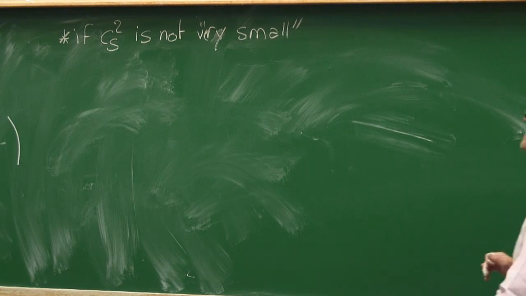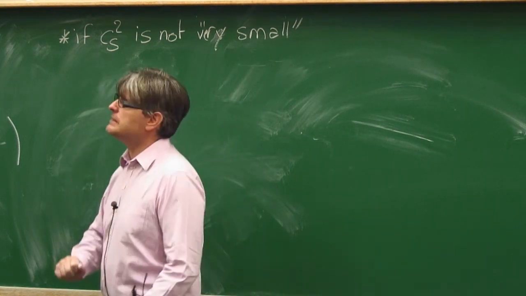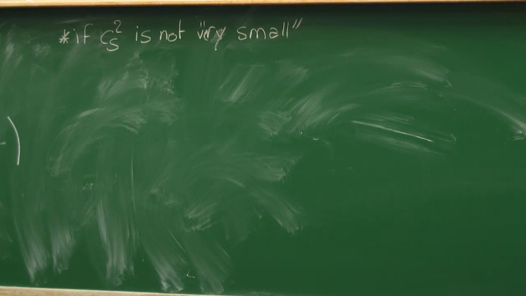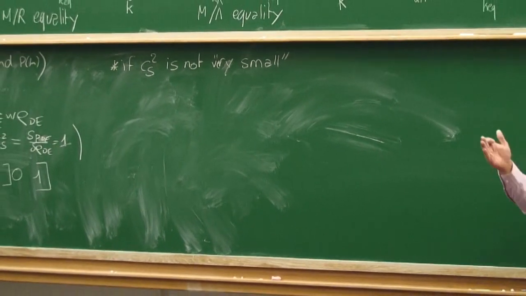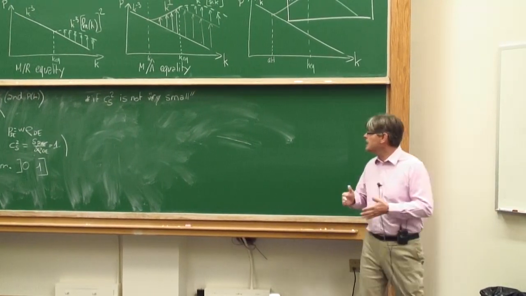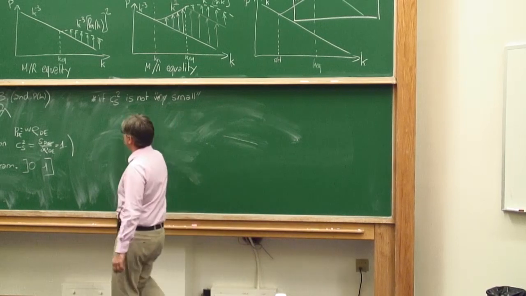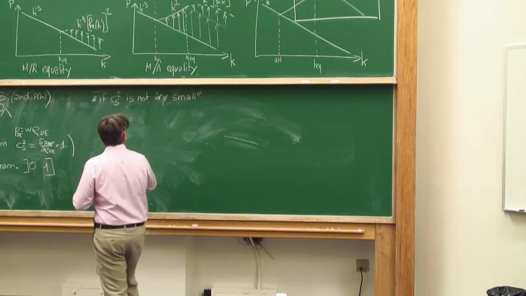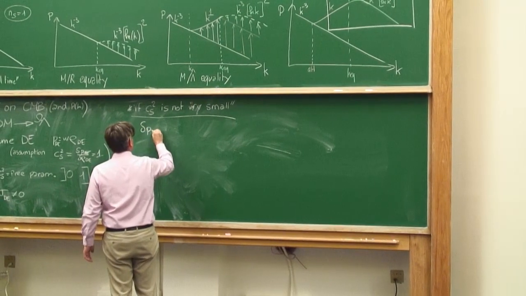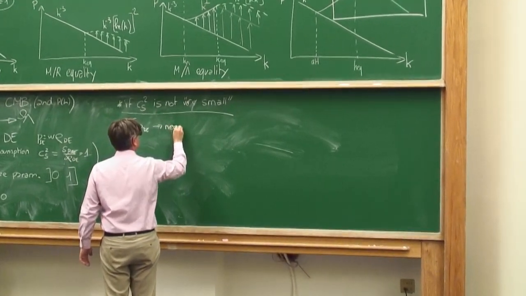If you decrease c_s squared, it means that you decrease the pressure perturbations in the fluid, and below some scale, pressure will resist gravitational compression, but between this scale and the Hubble radius, there will be gravitational clustering. This is called the Jeans instability. So if c_s squared is 1 or of order 1, there is no such instability. The perturbations are negligible.